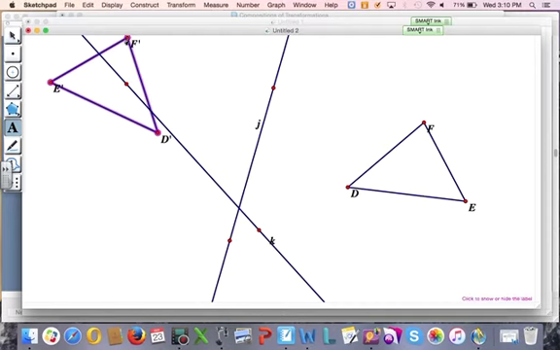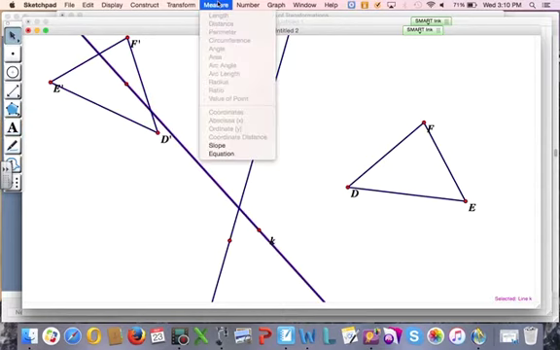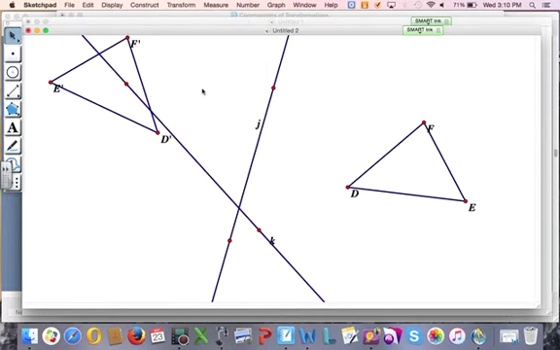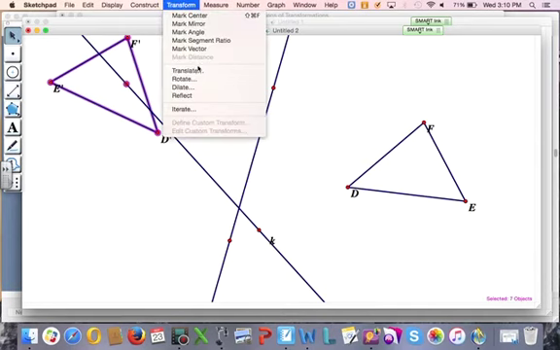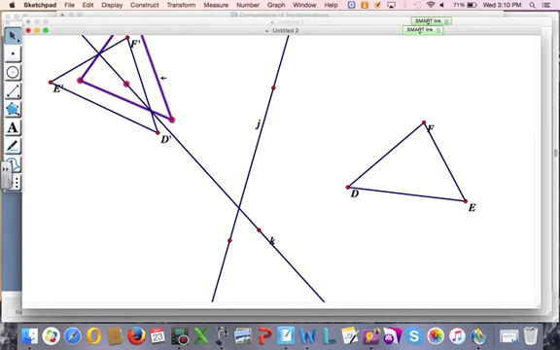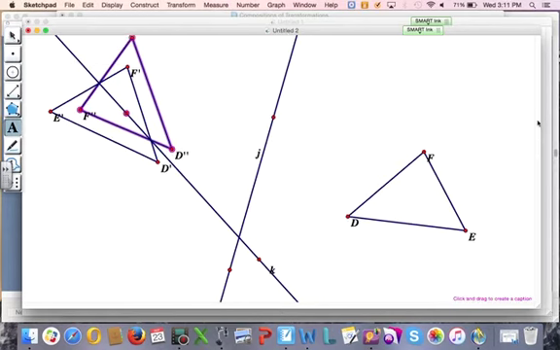It knows exactly how I want it to label the triangle. And now I'm going to reflect this over line K. So now I need to tell the program that K is my mirror, and I'm going to reflect this triangle over that line. And it's D double prime, E double prime, F double prime.